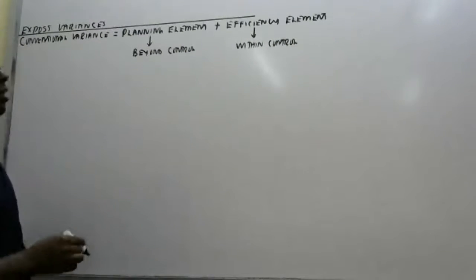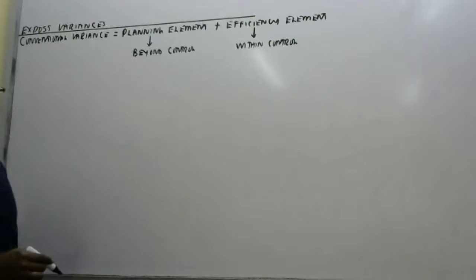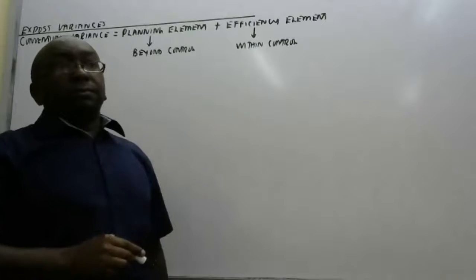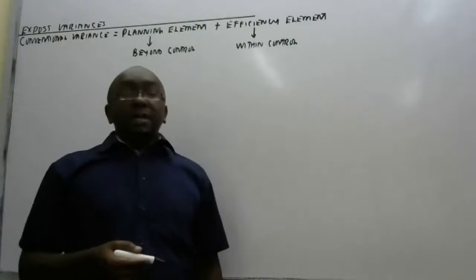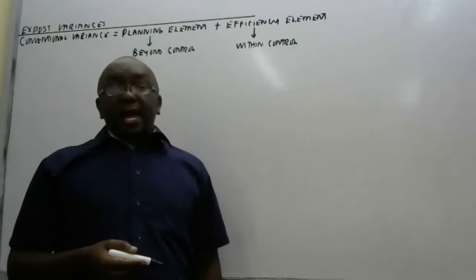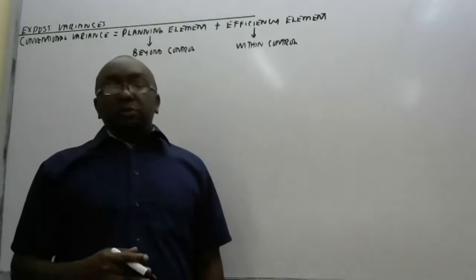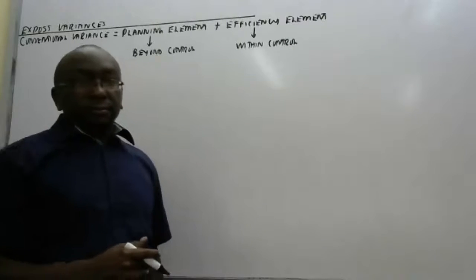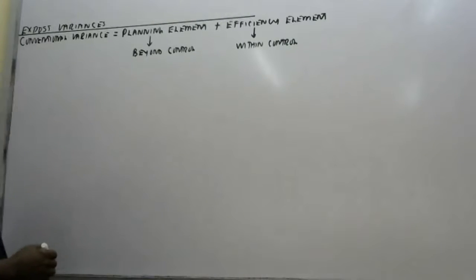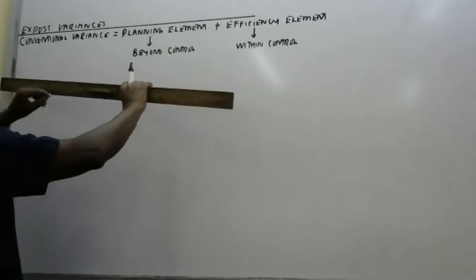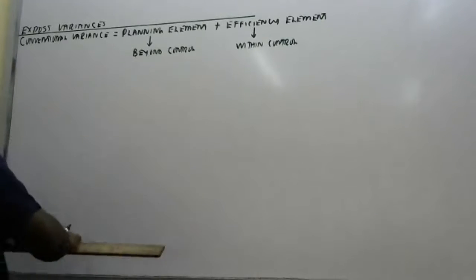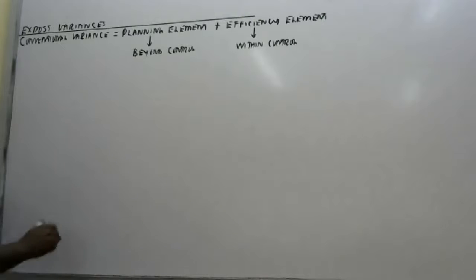Now take a case of fare. You are going home, maybe you are in town like me, and when you are here in class, you have an amount you expect to pay for the fare. Let me first of all come to the conventional variance.